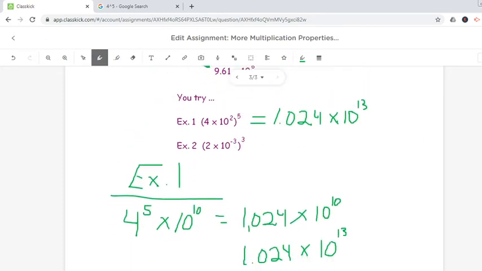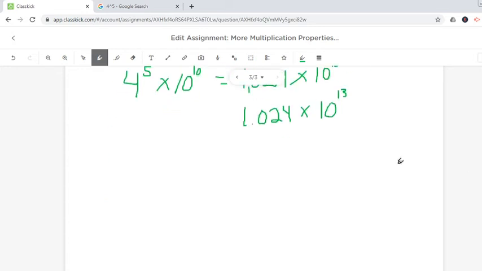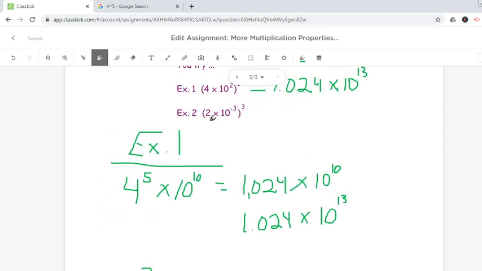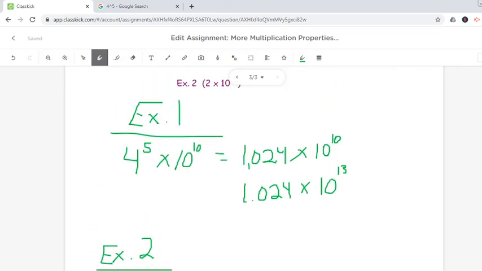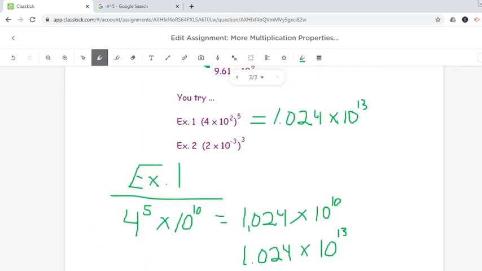Okay. Exercise 2. Okay. That is 2 times 10 to the negative third, to the third.